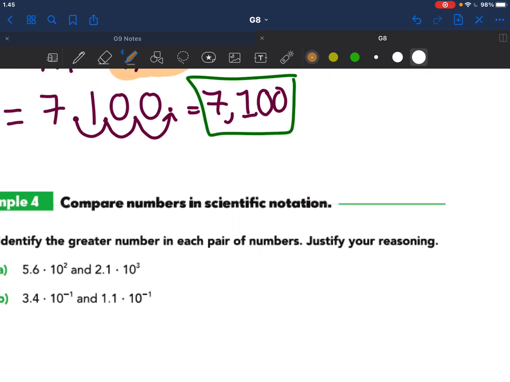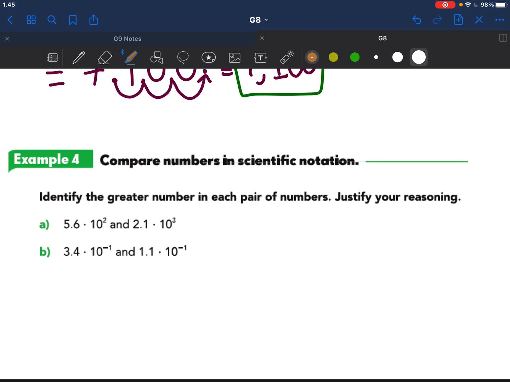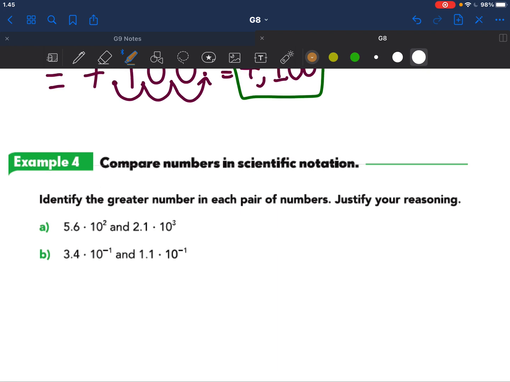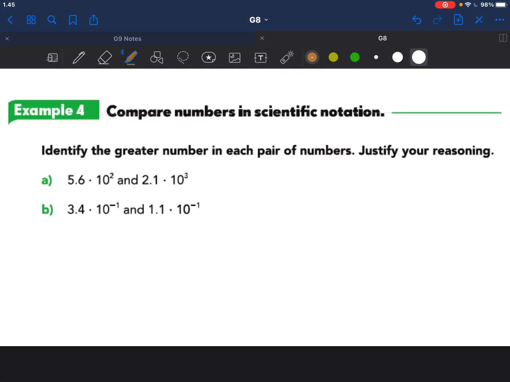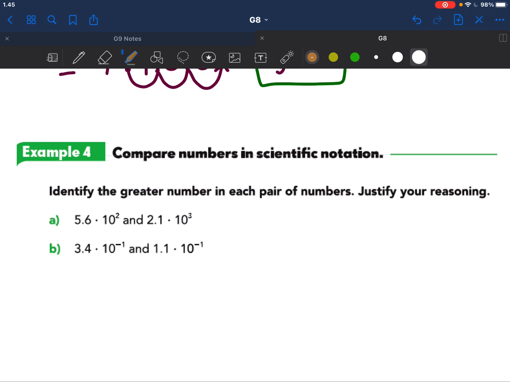Alright. Okay, so we're going to compare numbers in scientific notation. So you guys have a new language here, a new kind of number. How can we compare them? For A here, they say 5.6 times 10 to the power of 2 and 2.1 times 10 to the power of 3.